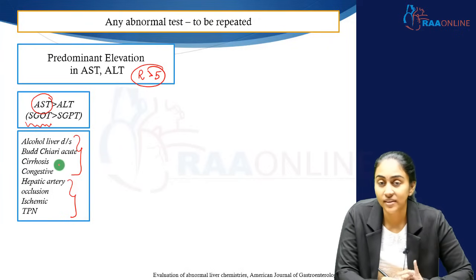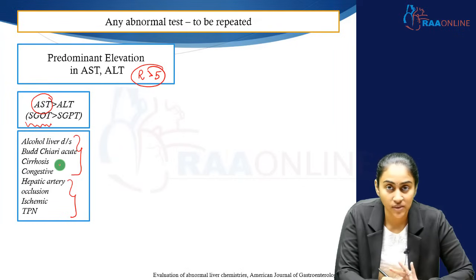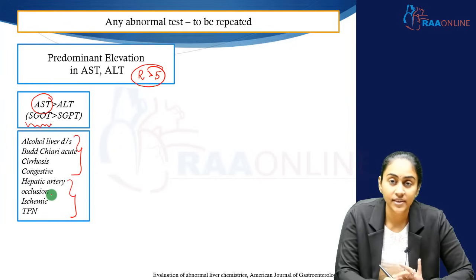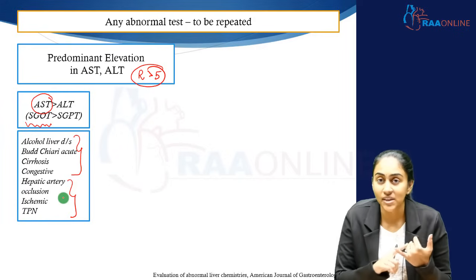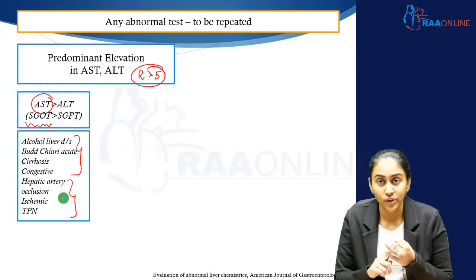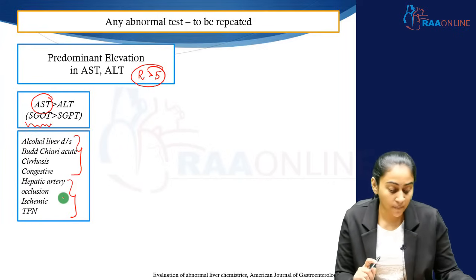In addition, rarely you can have hepatic artery occlusion, ischemic hepatitis, and total parenteral nutrition, HIT. But remember the ABC, even if you forget the other three, it's fine. So whenever SGOT is more than SGPT: alcohol, Budd-Chiari, acute, cirrhosis and congestive hepatopathy.